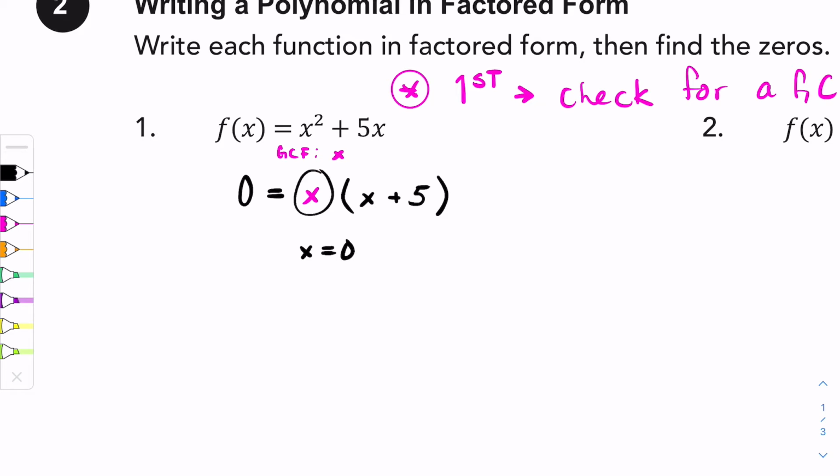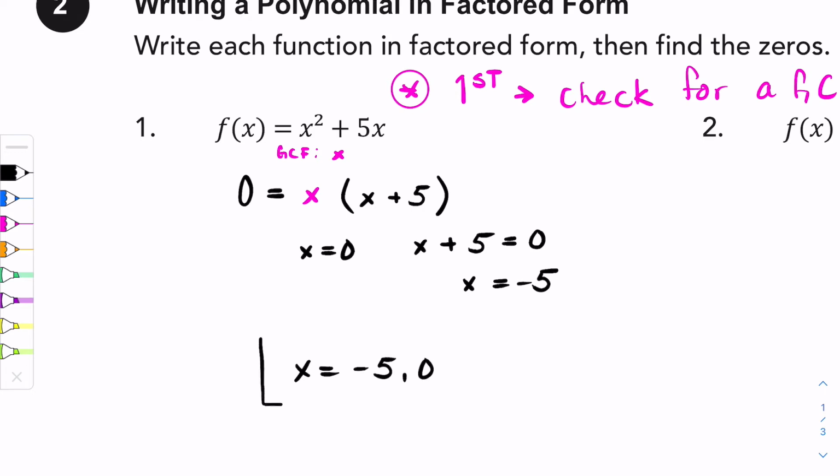Our first factor, x equals 0. Our second factor, x plus 5 equals 0, giving us x equals negative 5. Our solutions are either negative 5 or 0. First you have to factor, then you have to set each factor equal to 0.